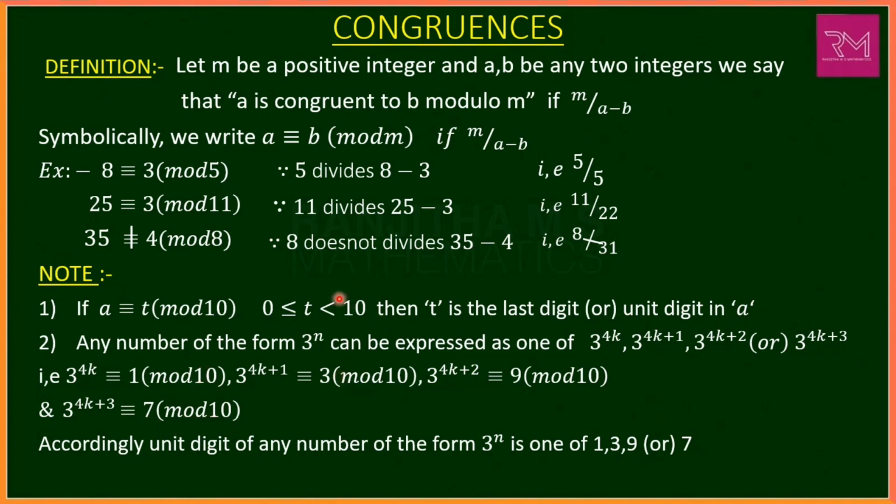Any number of the form 3 power n can be expressed in one of these forms, not 3 power 4k plus 4 or 3 power 4k plus 5, not like that. It can be expressed in only these four forms. Therefore, the unit digit of any number of the form 3 power n is one of 1, 3, 9 or 7. This is about the 3 power n form.